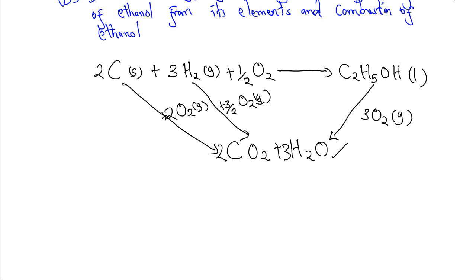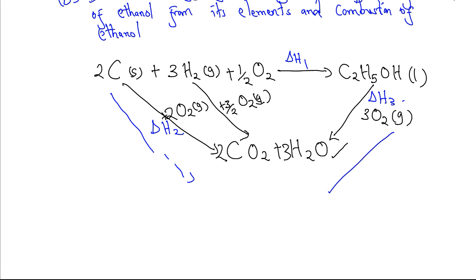We want to call this delta H1, delta H2, delta H3. So to obtain delta H1, it is H2, then opposite of H3.